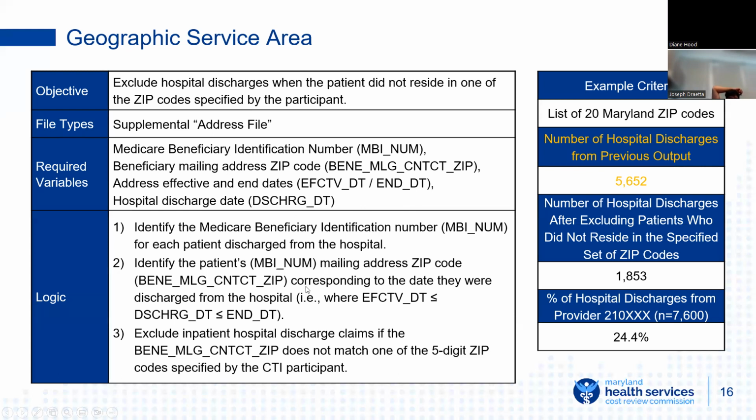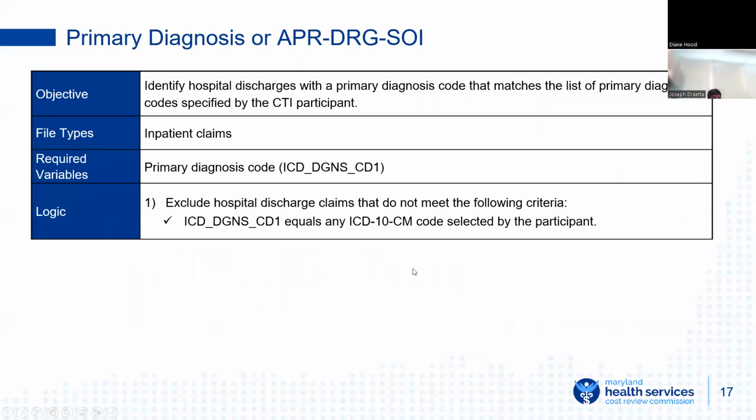It contains the zip code where each beneficiary resides and a span of dates tied to each zip code. So by linking those dates and zip codes to the service dates on the triggering hospital stays, you can include and exclude the correct individuals.